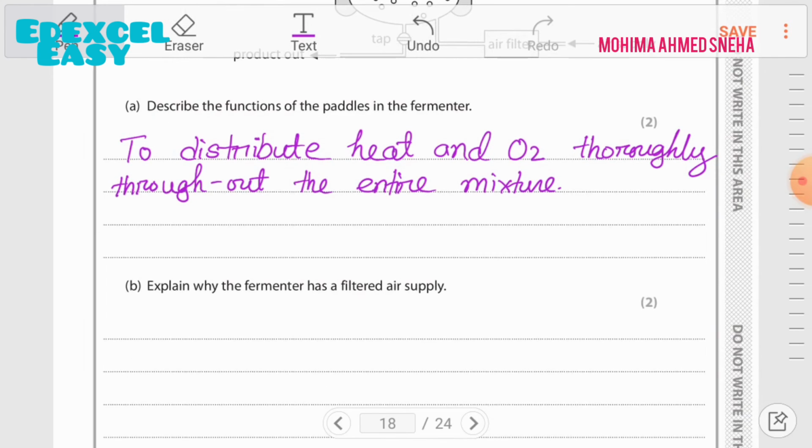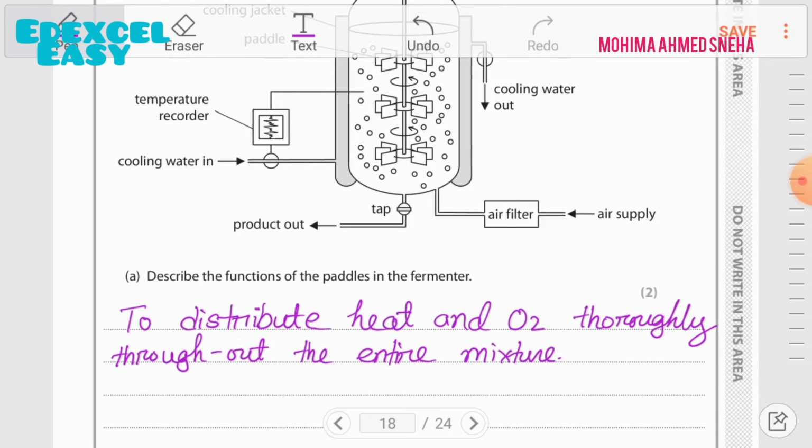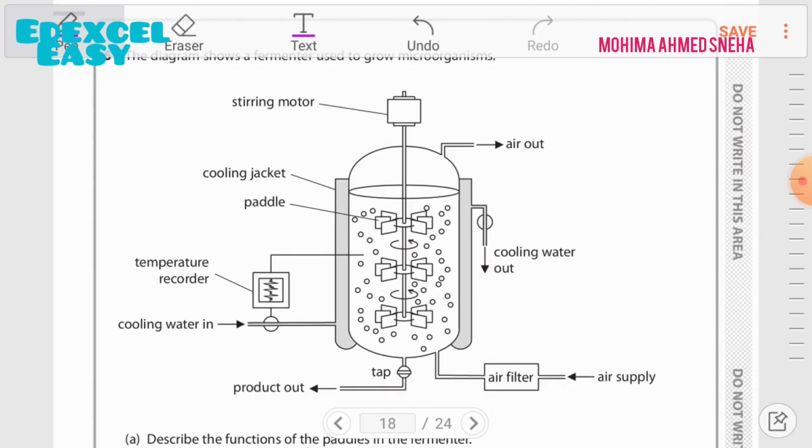Part B, explain why the fermenter has a filtered air supply. We all know that the air supply from outside sources will always contain microorganisms. The main idea for using the fermenter is to see the growth of microorganisms of a specific type, so we always have to use a filter so that no other types of microorganisms from the air source can enter the fermenter.